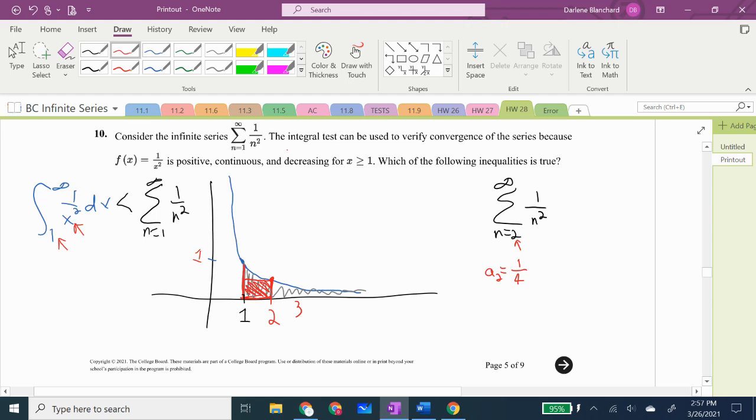So the area of that rectangle is a sub 2 by itself. A sub 3 is this distance. So then I take it to the left and see that the area of that rectangle is a sub 3. Now I can see very clearly that in this case, the integral from 1 to infinity is actually larger than sigma if I have sigma starting at 2.